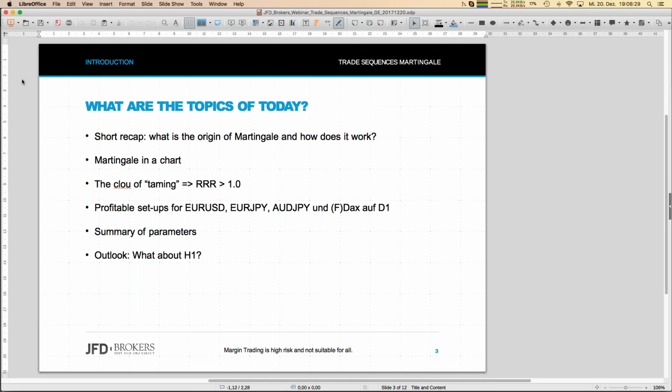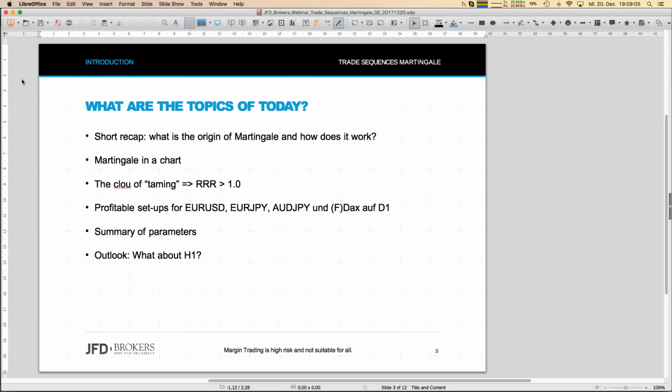Later then we come to the clue of how to tame the Martingale approach today. And the main aspect here will be that we apply risk-reward ratios bigger than 1. And you will see later that that will enable us to not always double our position and to get it much less aggressive. And so that will be the key element for that kind of Martingale approach.